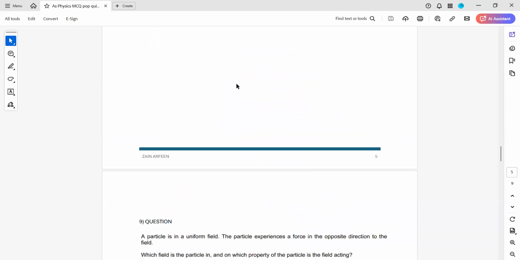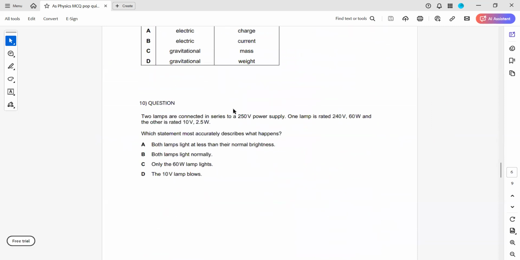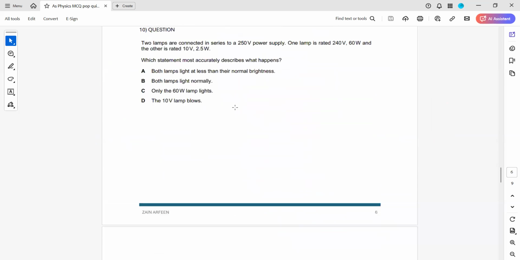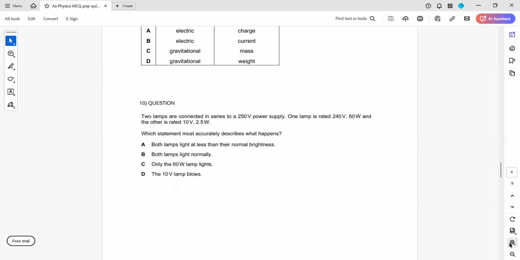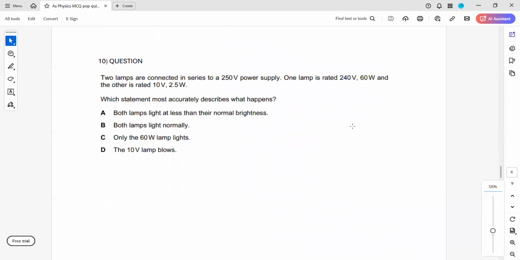Question 9, question 10. In question 10, two lamps are connected in series. When you connect two components in series, the voltage will divide.